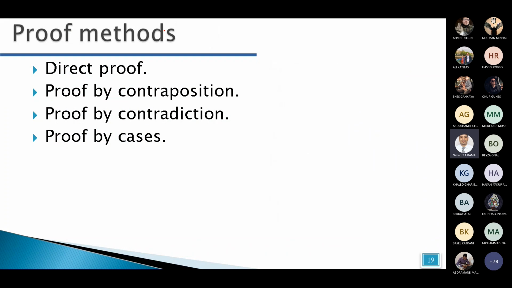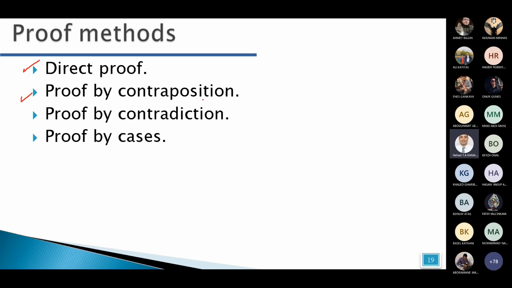Okay, we have many types, or many methods, of mathematical proof. We will take these methods and examples for them, like direct proof, and proof by contraposition.